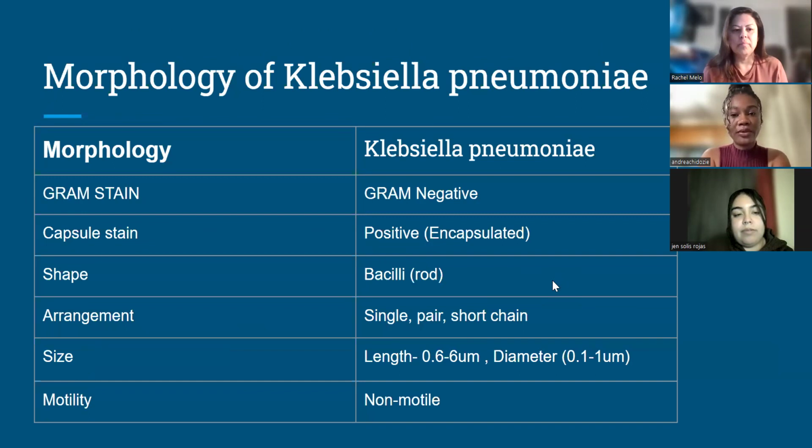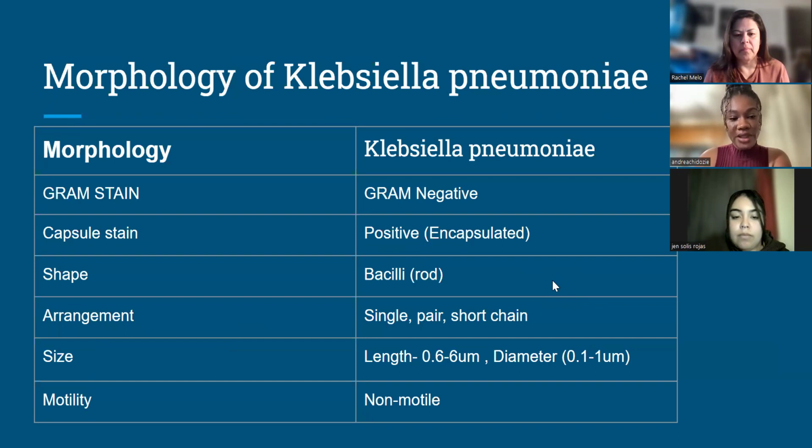So this is a table that shows the morphology of Klebsiella pneumoniae. For gram stain, it's a gram-negative bacteria because it doesn't have a thick peptidoglycan cell wall. When you stain it with capsule stain, it gives a positive result because it contains capsules, as Jen said.